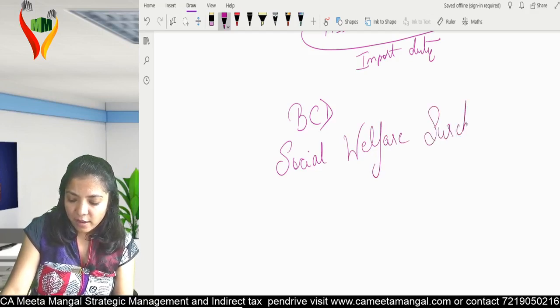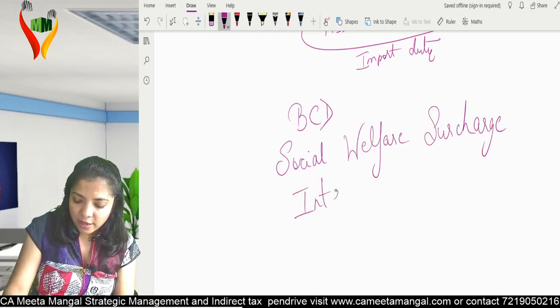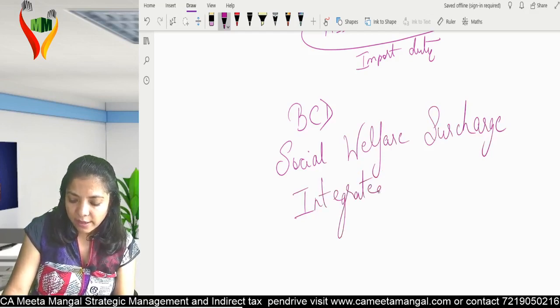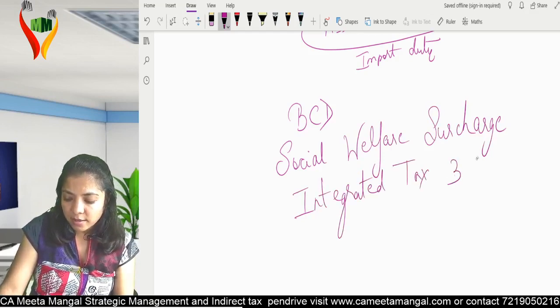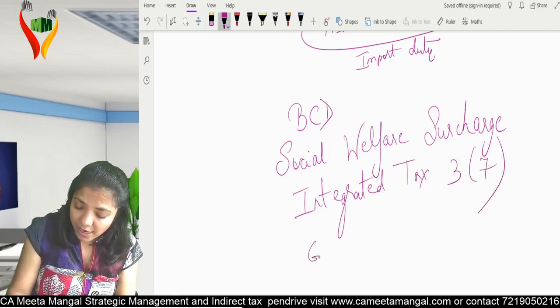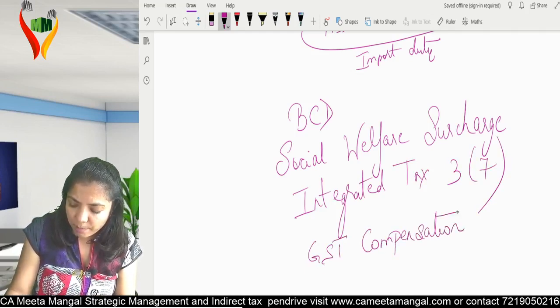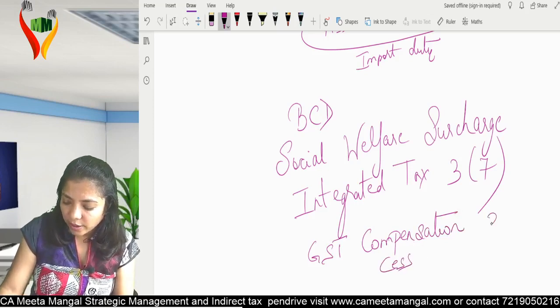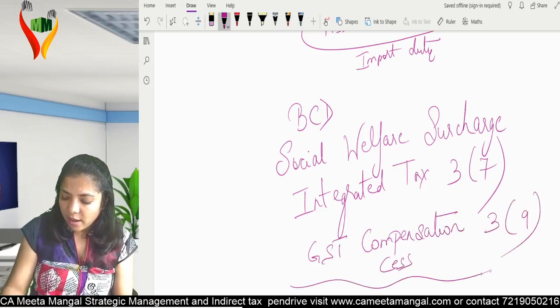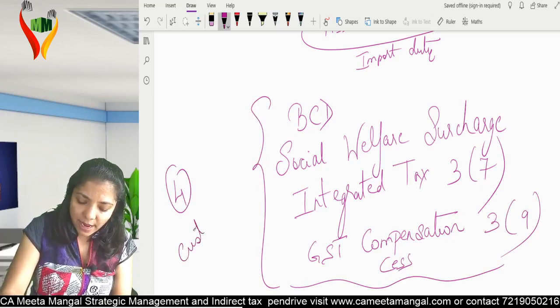Then is integrated tax under section 3, subsection 7, and there is GST compensation cess under section 3, subsection 9. After adding these four, I will get my customs duty on imported goods.